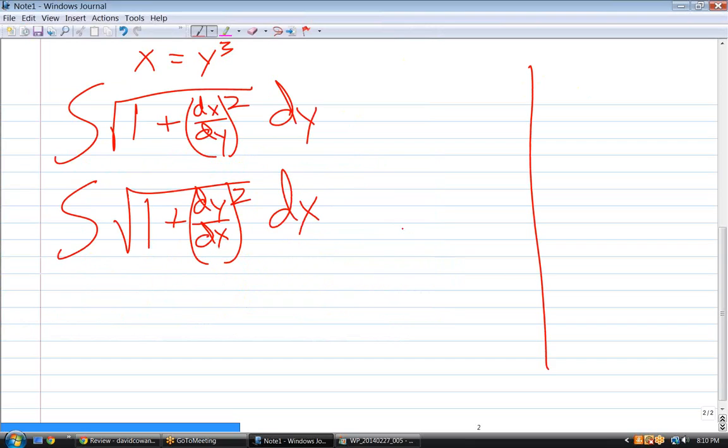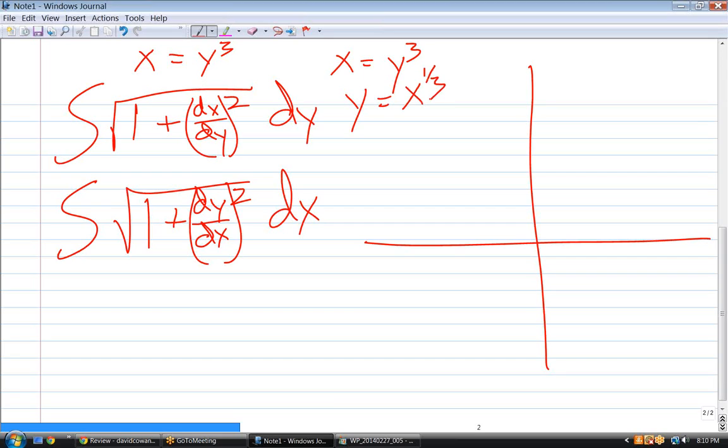If we look at the function, this function can be written x equals y cubed, or y equals what? The cube root of x. x to the 1/3.